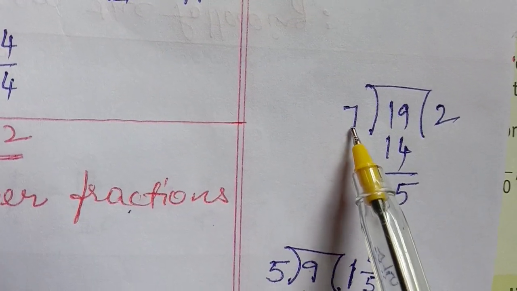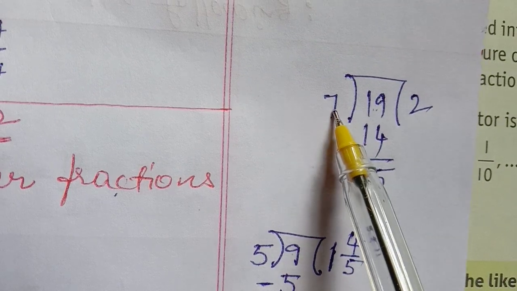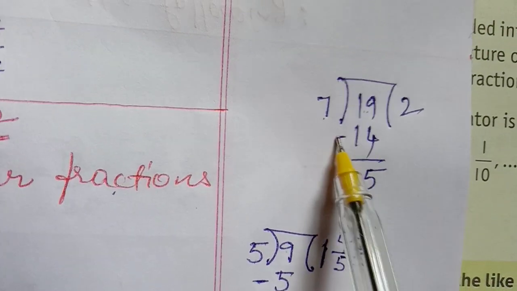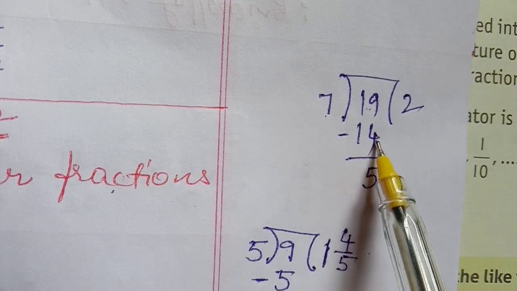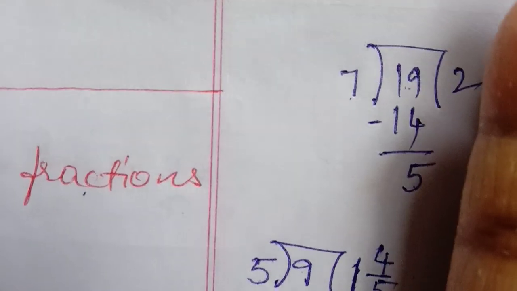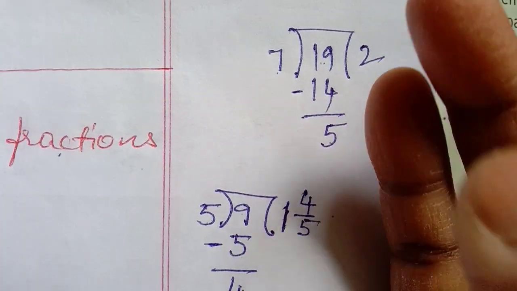Third sum, 19 by 7. So 7 as divisor, 19 as dividend. So 7 twos is 14. 19 minus 14 is 5. After 14, 15, 16, 17, 18, 19.